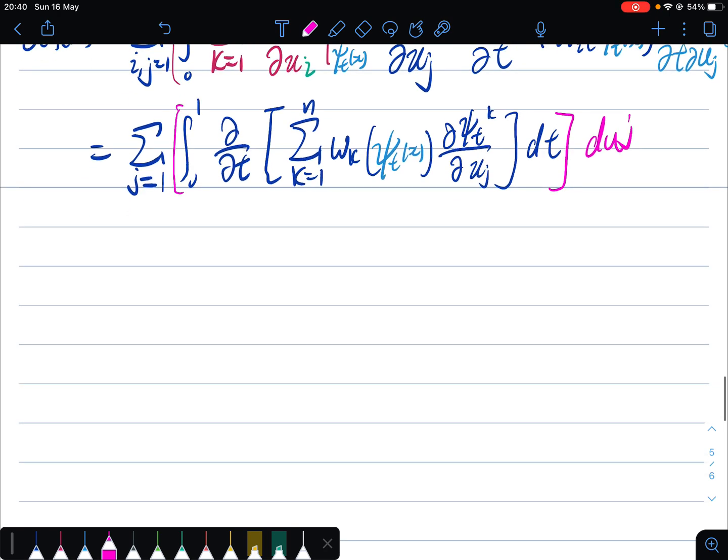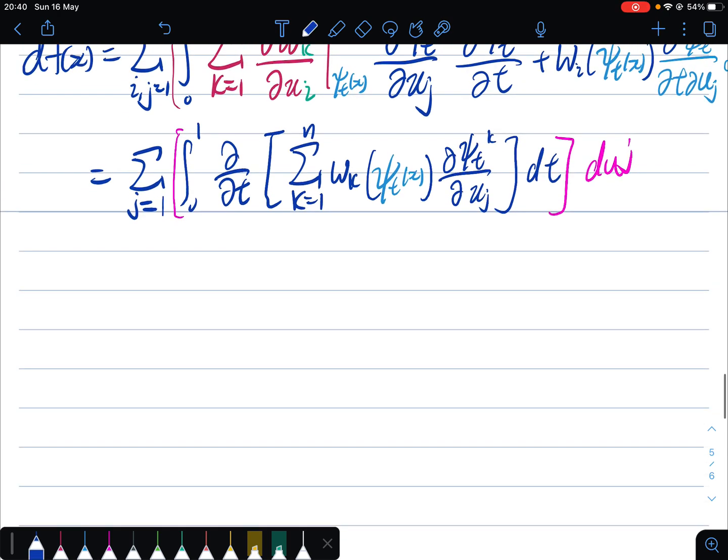Then by just taking it out and integrating, we will get the following result.